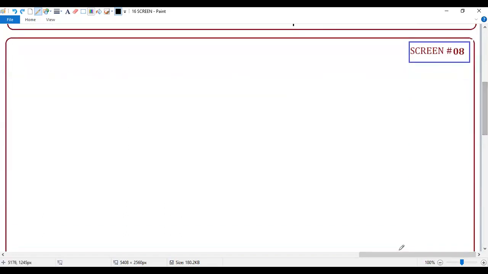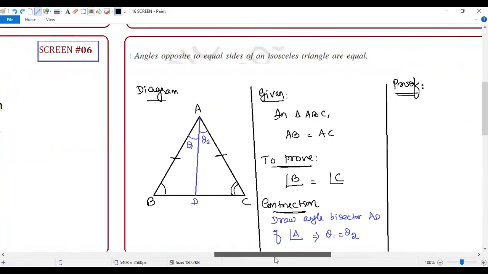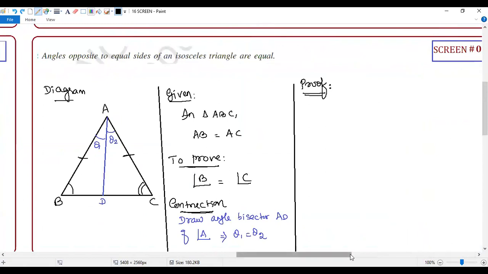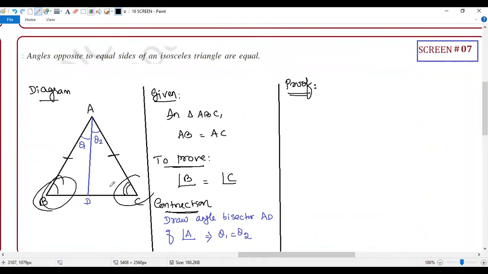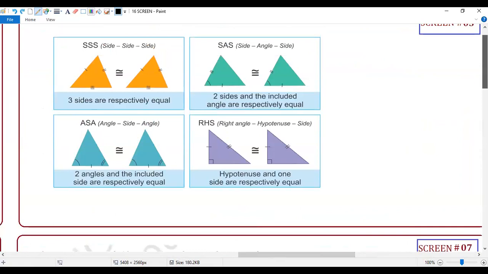So I have to prove this angle equal to this angle. Which two triangles do I have to take? This triangle and this triangle are congruent. I have to prove these two triangles are congruent, according to which criteria? This is very important.